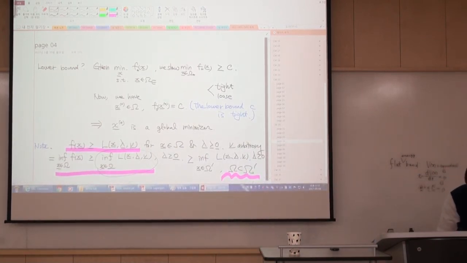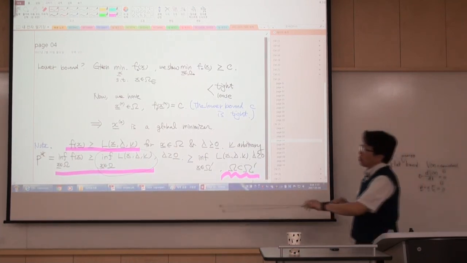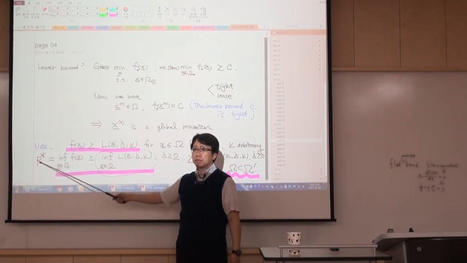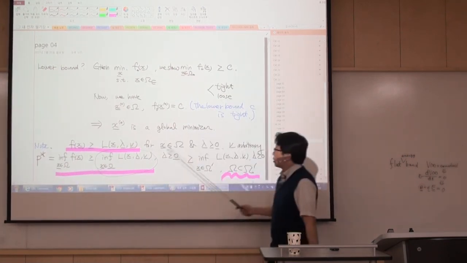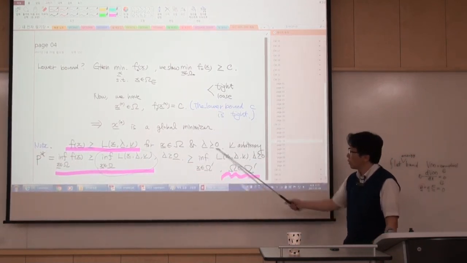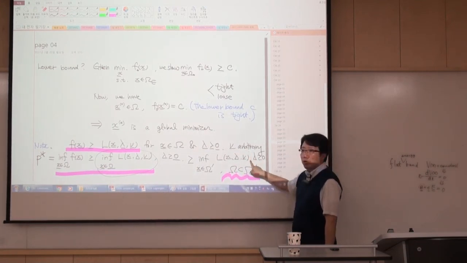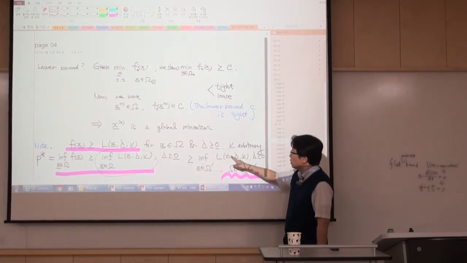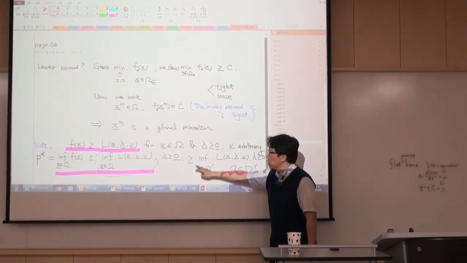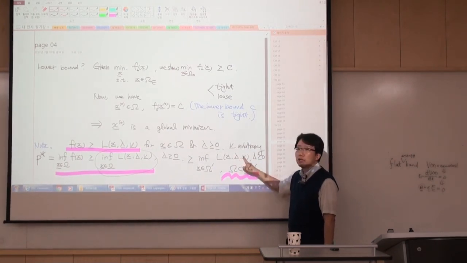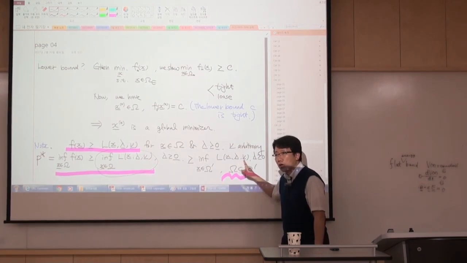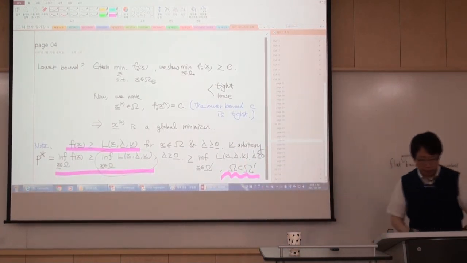The reason why we call this P star is because this is the function value of the primal problem. So P star is greater than or equal to this one. Now what is this one, by the way? The objective function of this infimization is a function of x, lambda, nu. But now you infimize over x, so this function becomes a function of lambda and nu. Let's call this function g, the Lagrangian dual function.